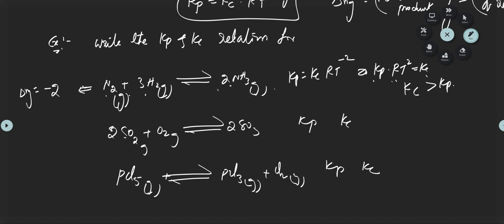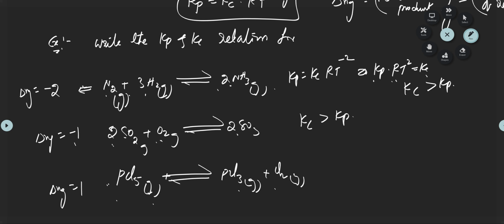Next, with 2 moles of SO3 and 3 moles of reactants, delta Ng will be minus 1. If delta Ng is minus 1, which one is more? Kc will be more than Kp, as in the first equation. Next, in this one, products are more and reactants are less, so delta Ng will be 1.